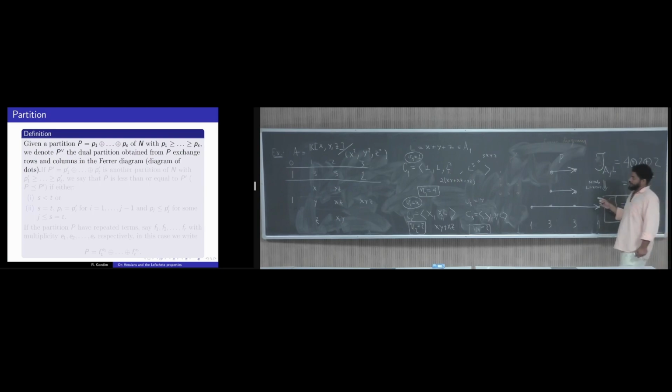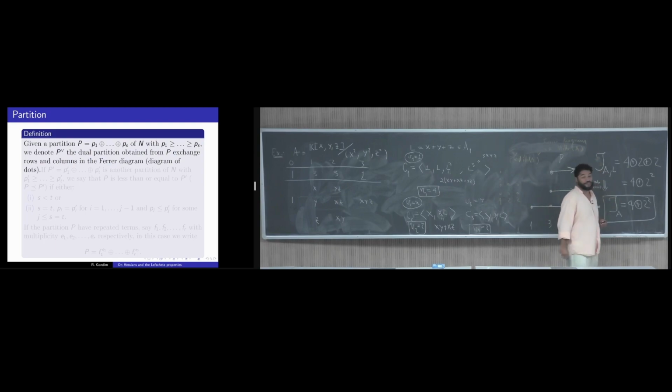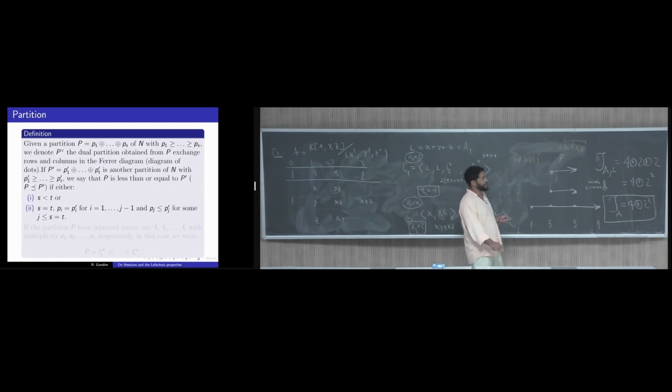It's the Ferrer diagram of the Hilbert function. And in this case, 4, 2, 2 is actually the Jordan type of A. It's not a coincidence, as we'll see in the sequel. It's always the case when A has the SLP.